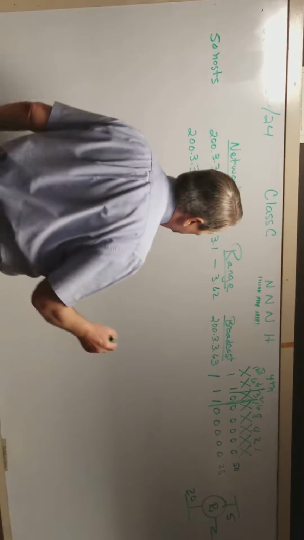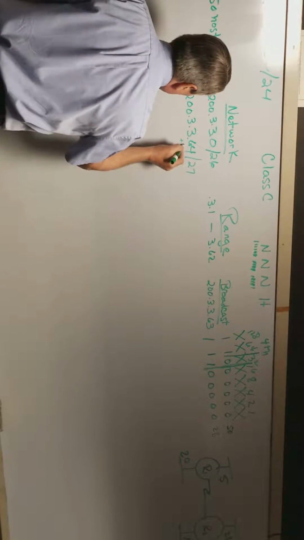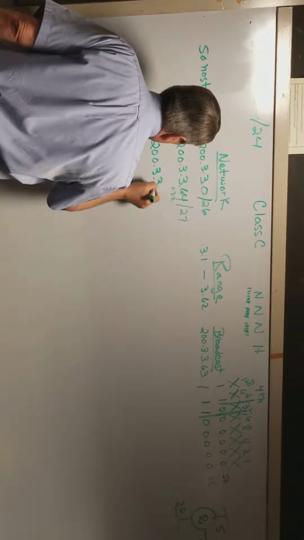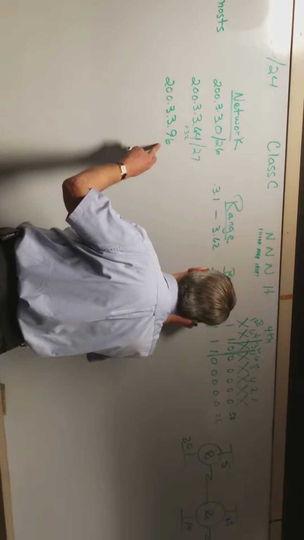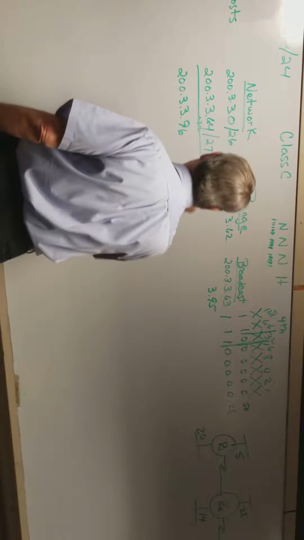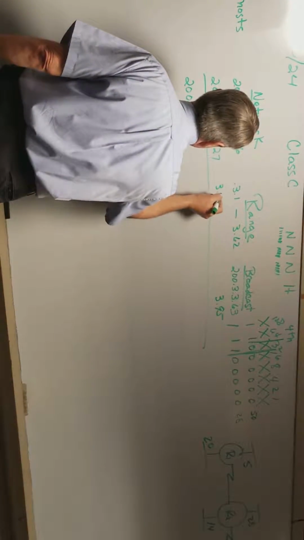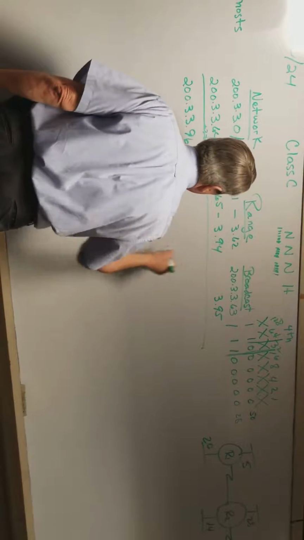I add 32 and come up with 200.3.3.96, which means this one has to end at 3.95. My available addresses are 3.65 up to and including 3.94.